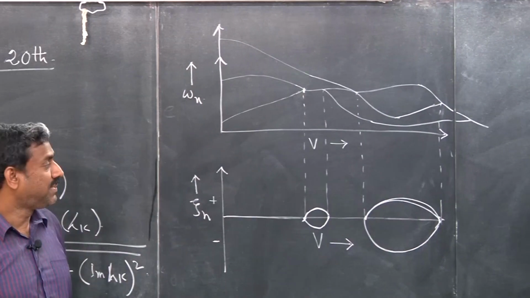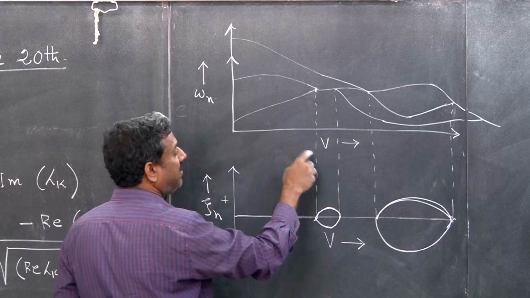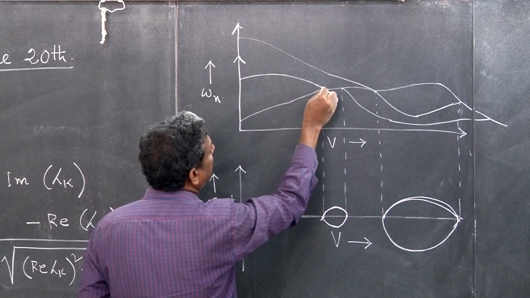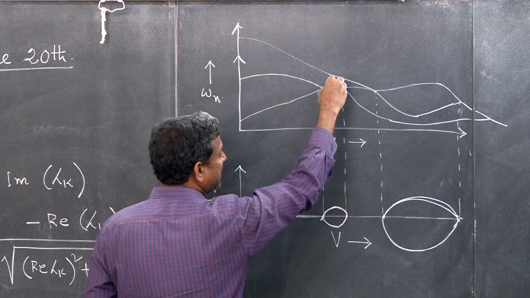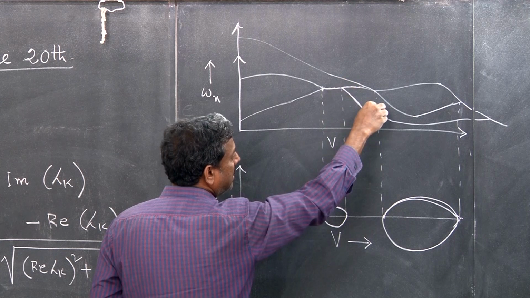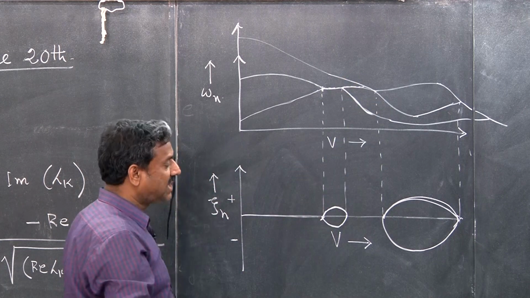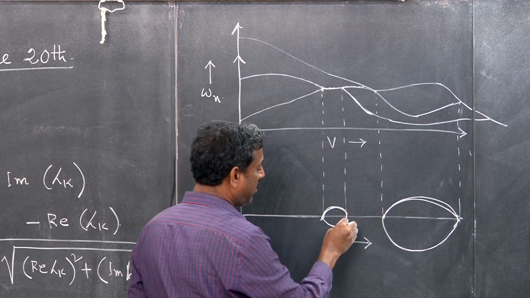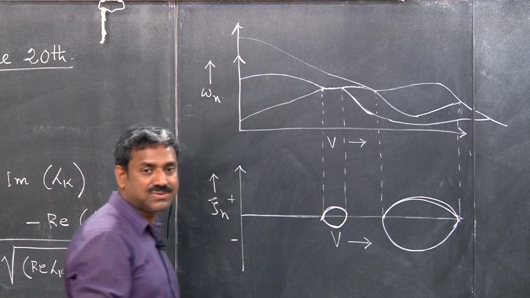You see how the stability diagram with increasing speed, the flutter is triggered by coalescence of these two modes, where the omega is basically coalescing. Then after that at some point this is bifurcating, and if you project it on the damping axis, what is happening here, this will give you a circular kind of shape.